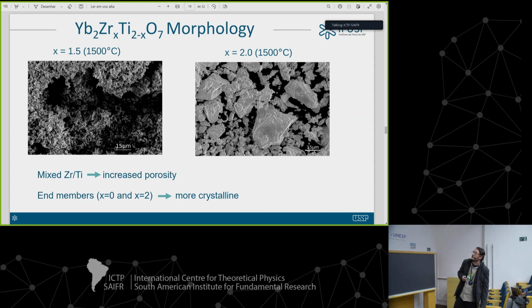Here I'm showing scanning electron microscopy data, which shows that when you have this mixed zirconium, titanium, you have increased porosity in the samples. For the end members, I'm just showing the X equal 2 here, they are more crystalline.